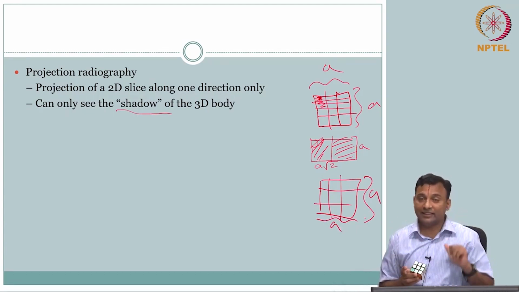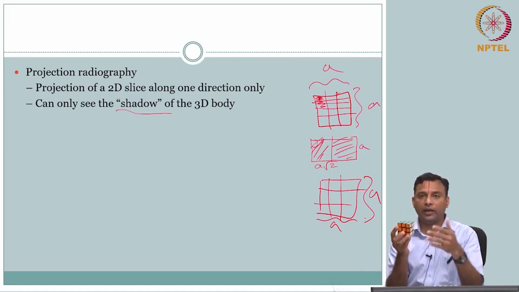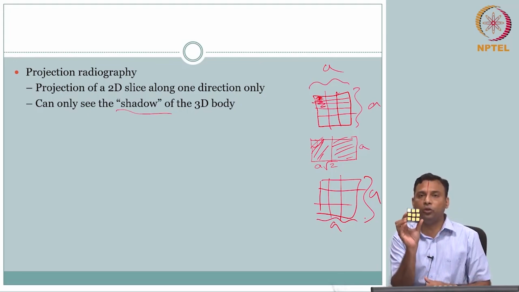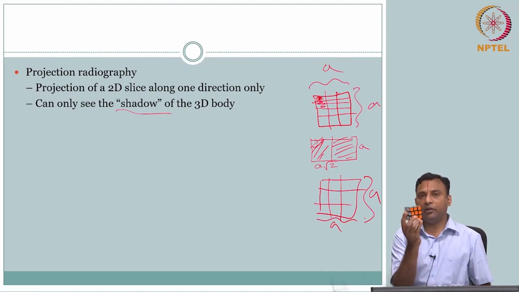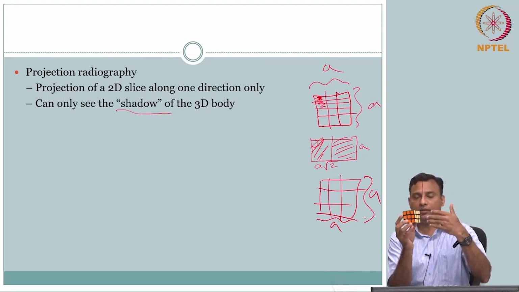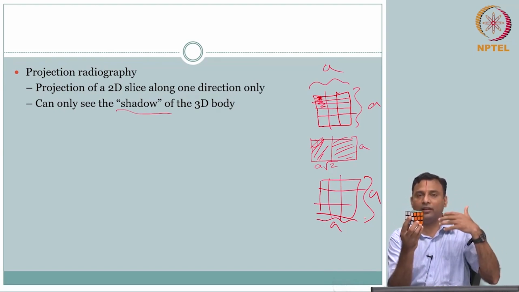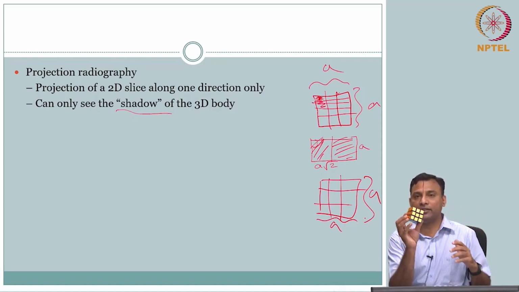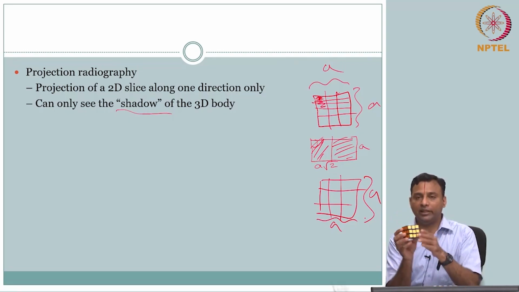So the point is, depending on your view, the reason you are able to see this as a 3D cube is that when I rotate it like that and you record it, your eyes are doing it, you are moving it and registering it, and your brain interprets it and starts to visualize it as 3D. The same process we can do, even though projection radiography had a problem with the depth.